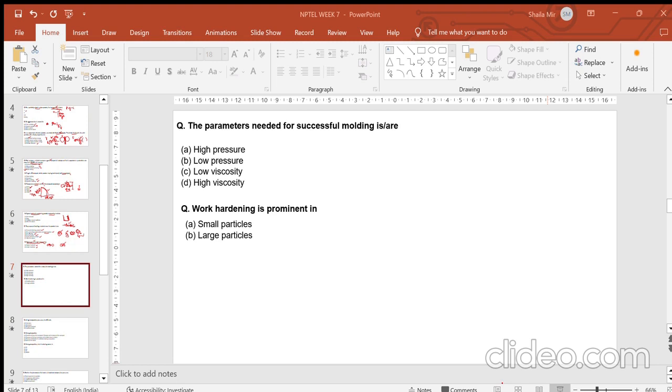Can somebody calculate? If you can calculate, what is the answer for this?